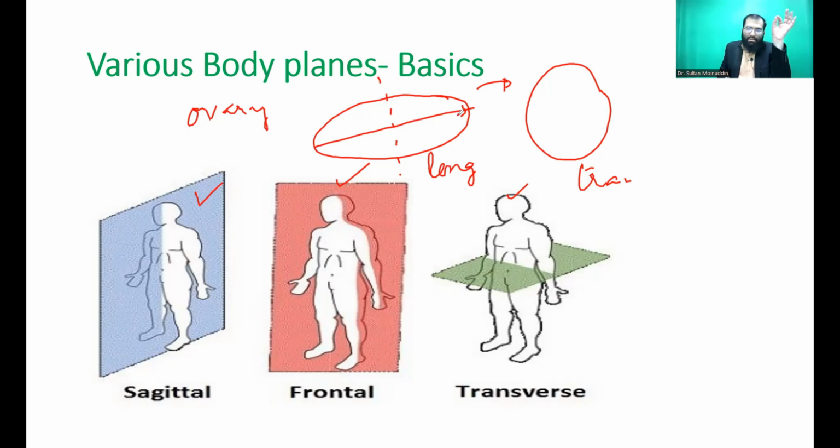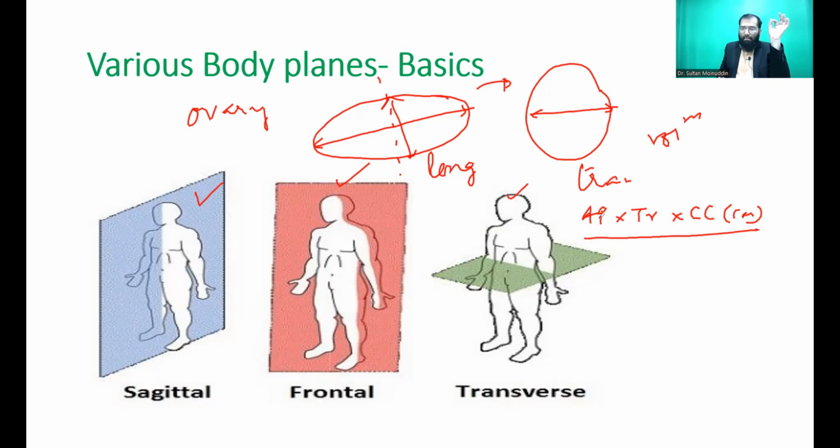Then you have to take the diameters: AP, transverse, and CC. Always three diameters have to be taken whenever you want ovarian volume. So what is the formula for ovarian volume? AP diameter times transverse diameter times craniocaudal diameter, in centimeters, upon 2.